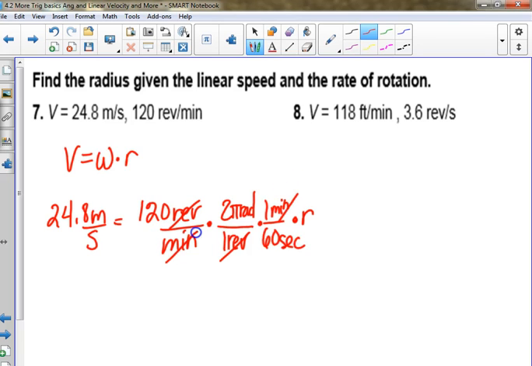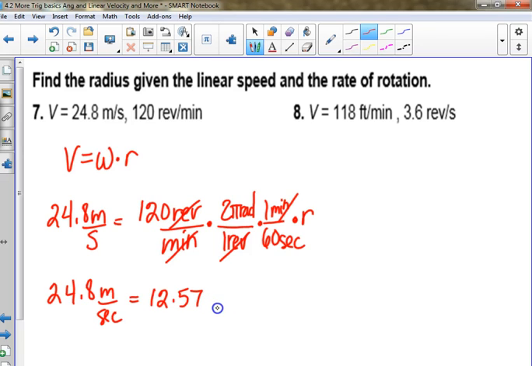So that will divide out. Okay, so I have 24.8 meters per second on this side. Over here, when I multiply that all out, what do I get? 120 times 2 pi divided by 60 should be 4 pi, or I get 12.57 if we round.